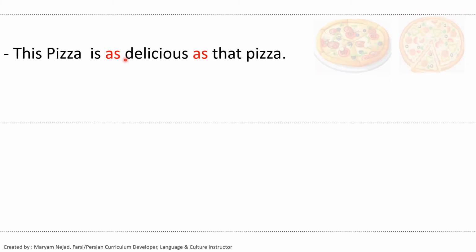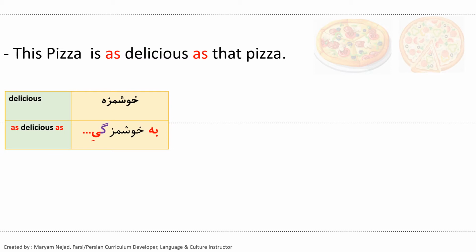Next example, now we want to say this pizza is as delicious as that pizza. So here the adjective is delicious, and delicious in Persian is خوشمزه. But as you can see here, خوشمزه ends in a silent he.